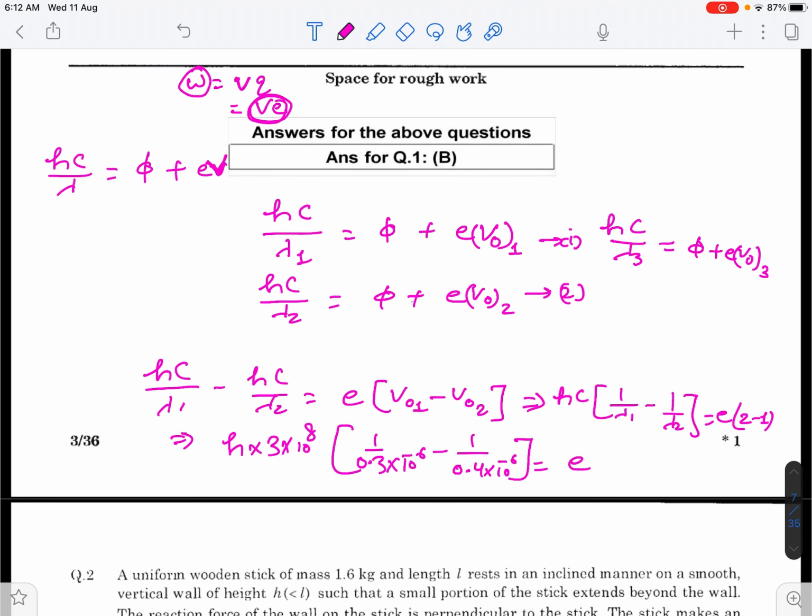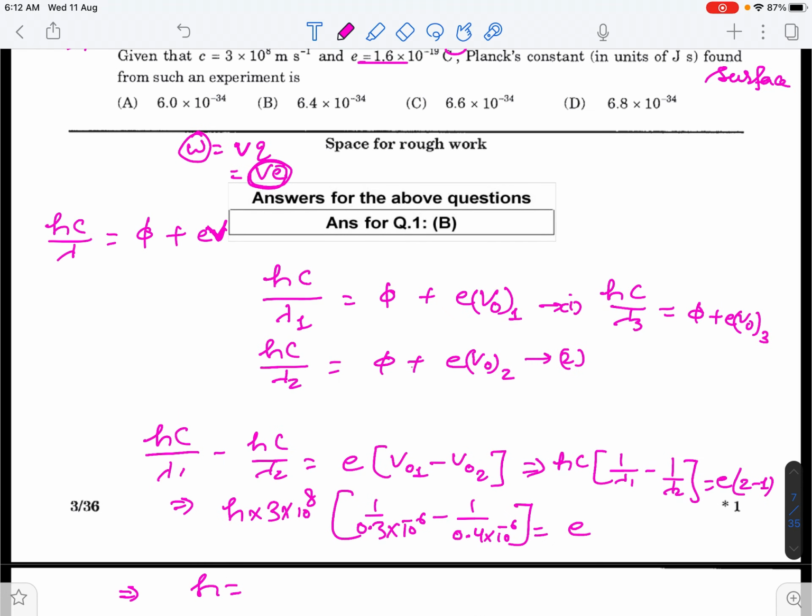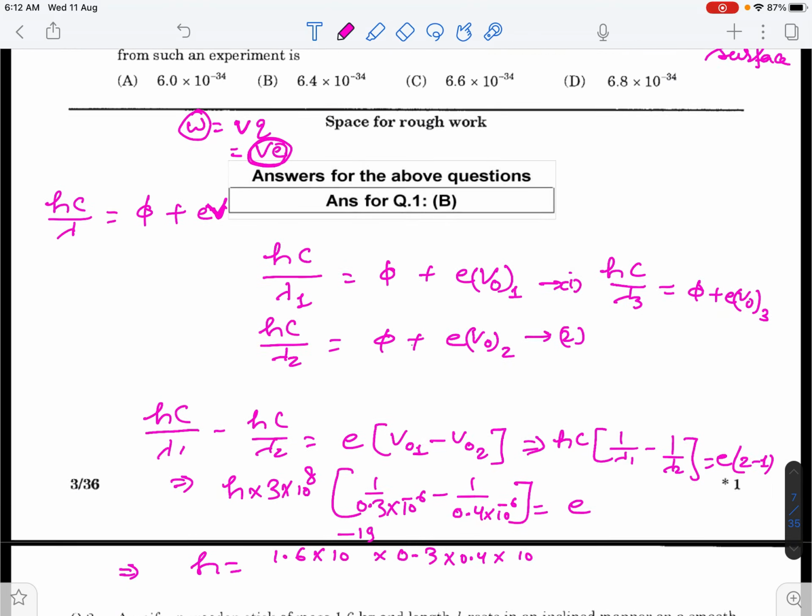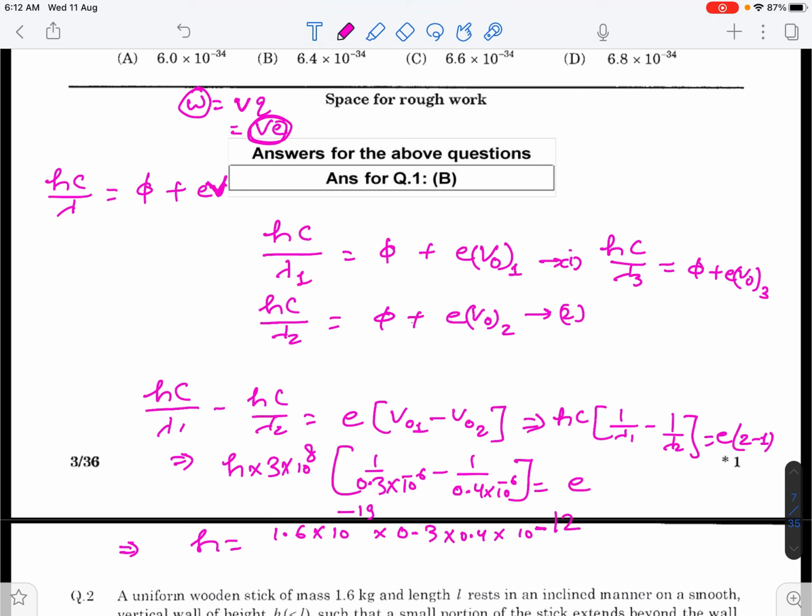Now if you solve it, h will become e, the electronic charge, that is 1.6 into 10 to the power minus 19. When you cross multiply, this will become 0.3 into 0.4 into 10 raised to the power minus 12, upon 3 into 10 to the power 8 into 0.4 into 10 to the power minus 6 minus 0.3 into 10 to the power minus 6, that is 0.1 into 10 to the power minus 6.